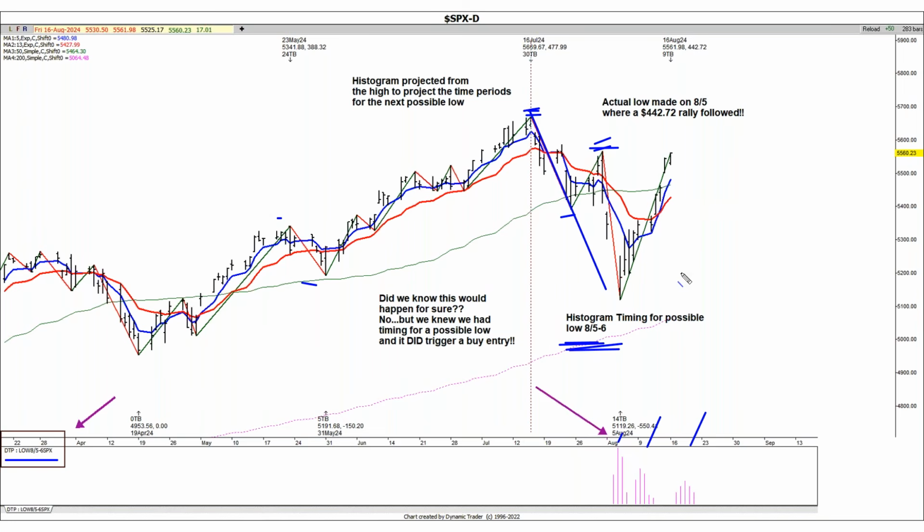Now, we didn't know that this was going to happen for sure. I'll always say that. But it did trigger an entry against the timing. We made the actual low on August 5th, and there was a rally of 442.72 points that followed this histogram timing.